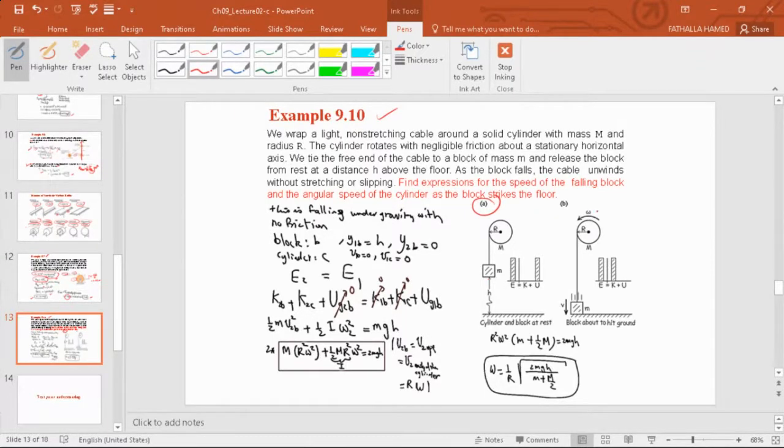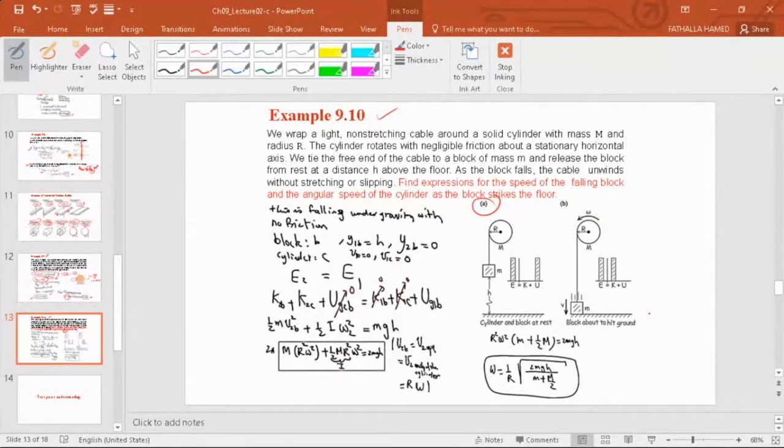Now, in the second case, when you release, the block will be falling down. When it comes to hitting the ground here, you have linear kinetic energy for this block, which is 1/2 mv squared, but also this is rotating, and it will have 1/2 I omega squared.